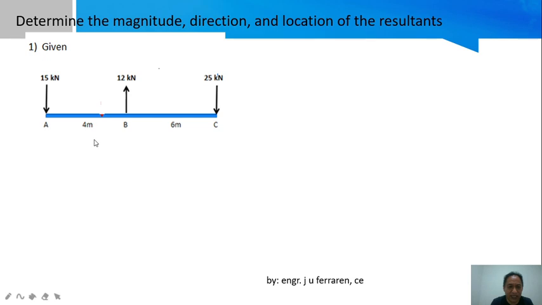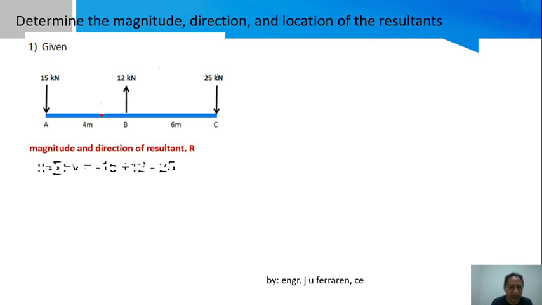To get the magnitude of your R, I have to take the summation of forces vertical. Upward forces, positive. Downward forces, negative. 15 and 25 are all downward forces. That is why I have 15 and 25 bearing negative signs. 12 takes a positive sign being upward.